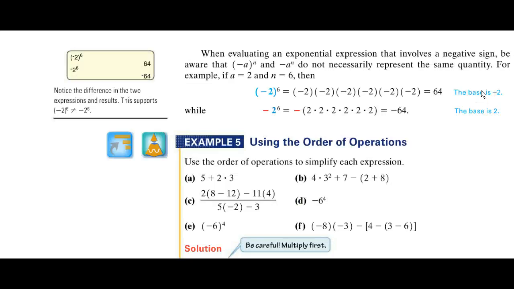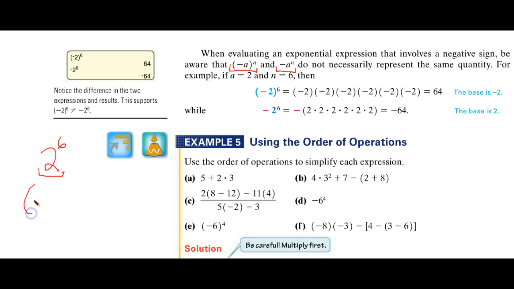One of the big errors I see in my math classes is that students do not distinguish between this and this. So when we have an exponent, such as 2 to the 6th, the base of that exponent is the 2.